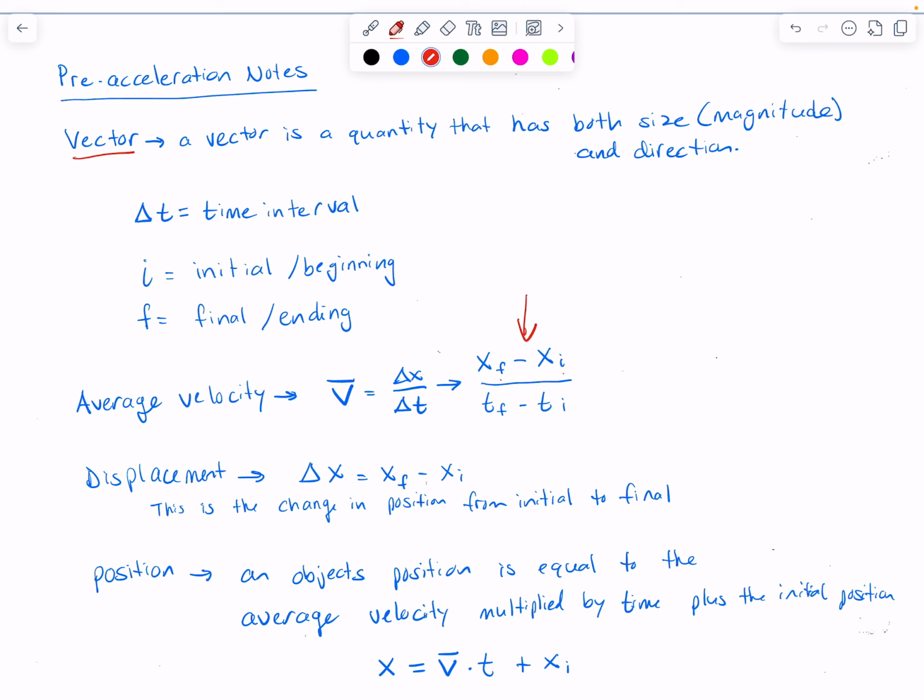And that's something you use to find, for example, the average velocity. So our average velocity here is going to be found by finding the difference between the ending point and the initial point divided by the time from ending to the initial point. So that's a little equation you might use from time to time.